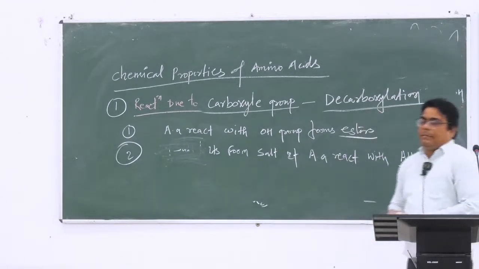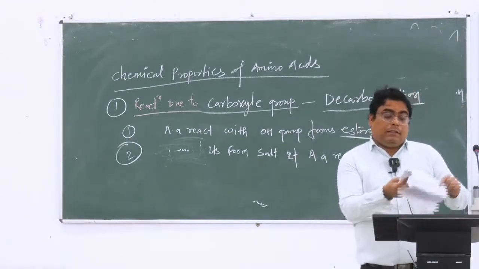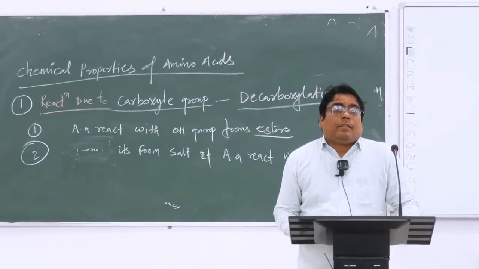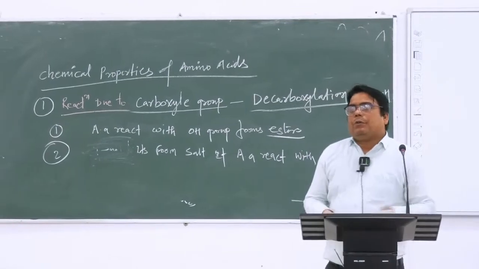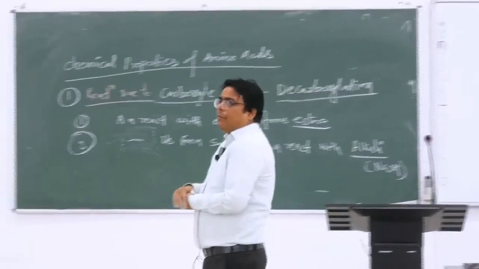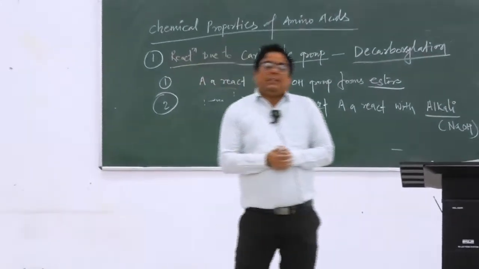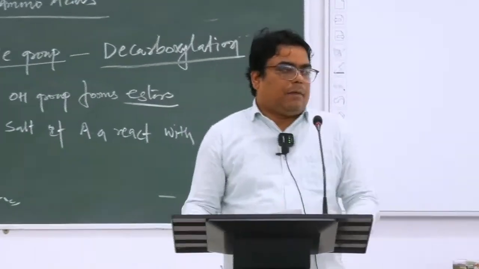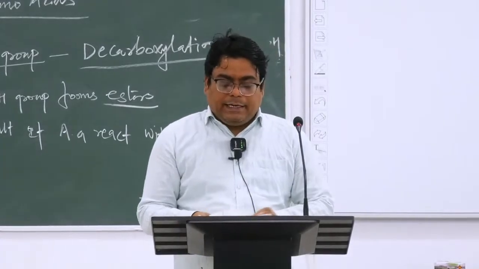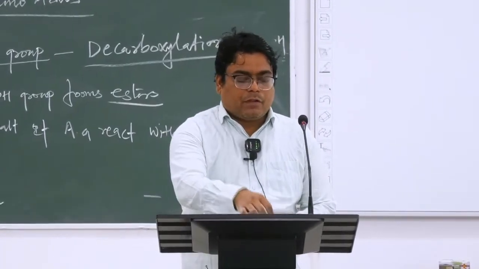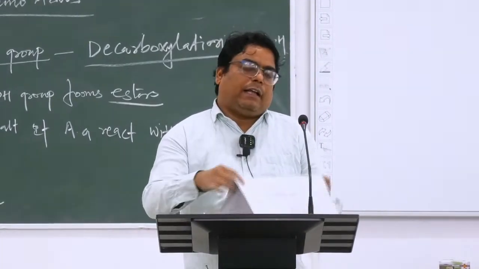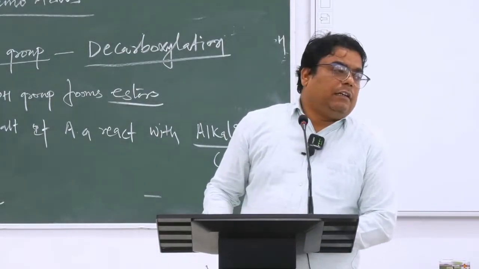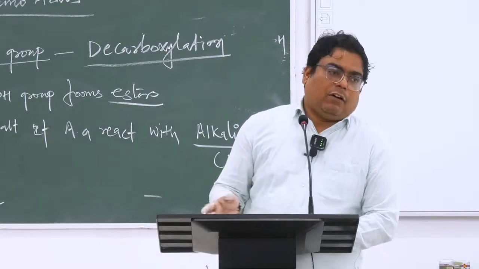So these are some reactions. Now important: decarboxylation is very important, because due to decarboxylation reactions there is a formation of some specialized products. Okay. We will understand with one example, and in the metabolism section we will read all this in detail.